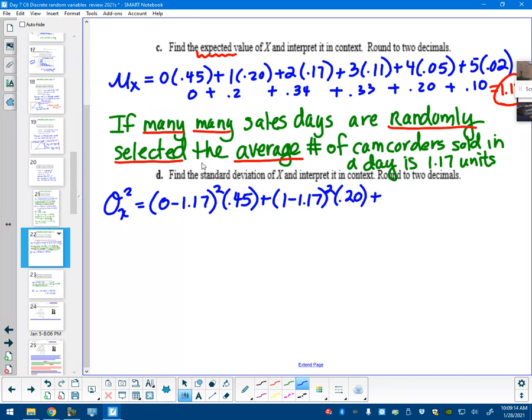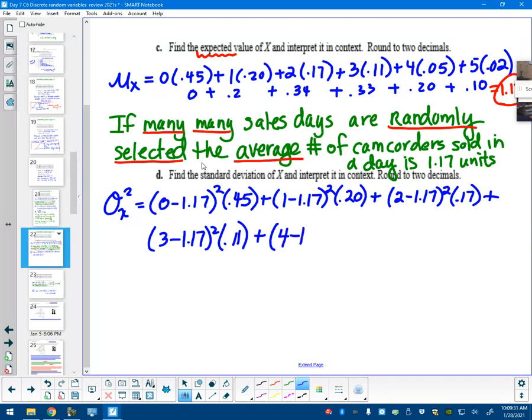And yes, I want you to write this whole thing out. Just do it. And then we're all going to put it in our calculators. And if you don't have a calculator, I will gift you one to borrow right now.